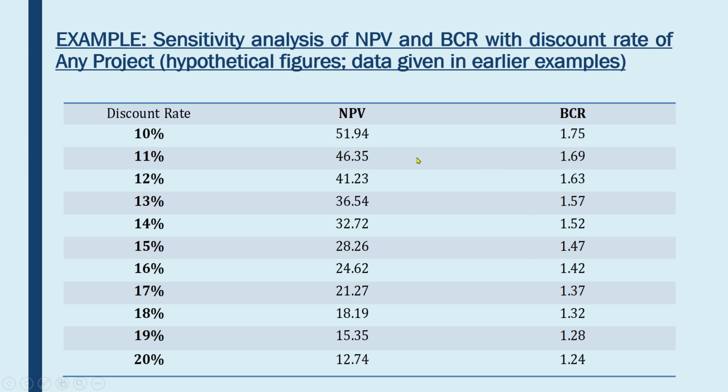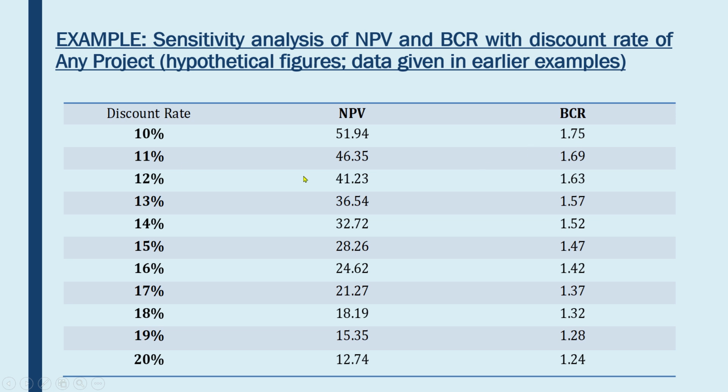These two factors reduce with the increase in discount rate. Simple, it is an inverse relationship. So when the discount rate was 10%, NPV was 51.94 million and BCR was 1.75. You are gaining 75 cents by investing $1.